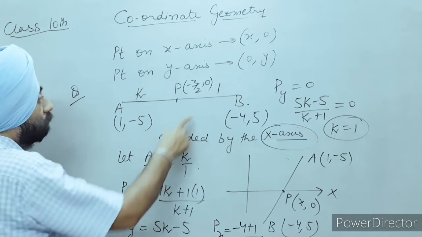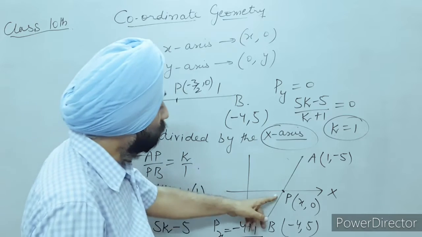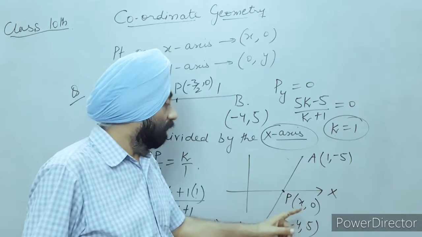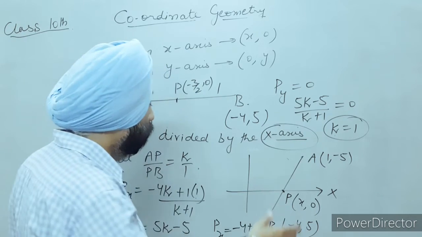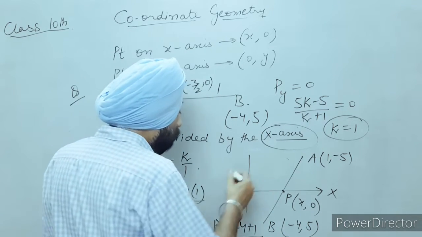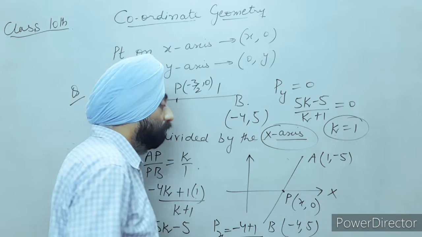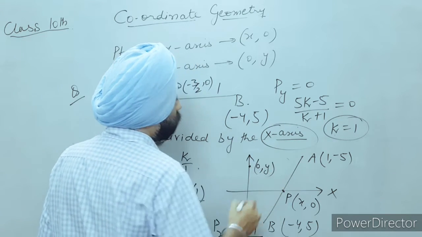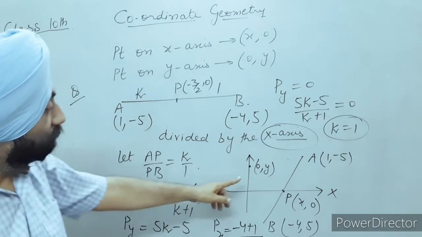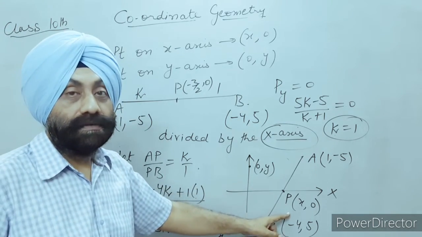So P of y equals 0. Obviously, the point P was lying on the x-axis, and on the x-axis the ordinate equals 0. If it had been on the y-axis, then the abscissa would have been 0, that is, it would have been 0 comma y. Right? Hope this concept is very clear to you.